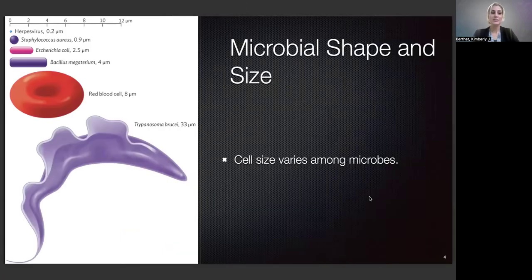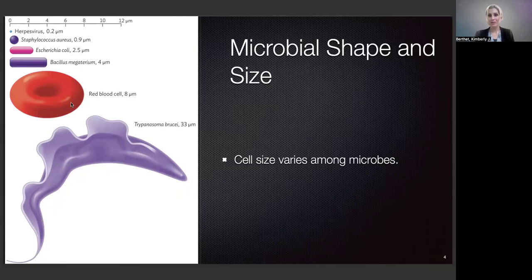Looking at the size in microscopy, we know that cell sizes are going to vary quite a bit. We looked at prokaryotic and eukaryotic cells prior to this. Eukaryotic cells are our larger cells that we're looking at. Here we can see trypanosoma, which is a large eukaryotic organism. Then we can go down to a red blood cell.